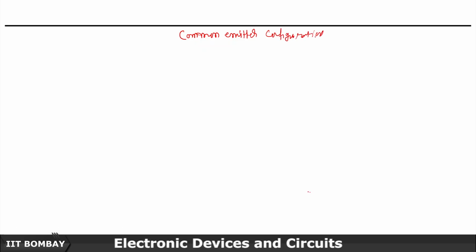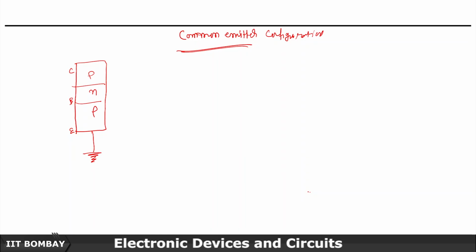Now I will discuss the common emitter configuration. The reason to study this is that common emitter is more useful than common base. Most of the time it's the common emitter configuration that is used heavily in transistors. Let's say this is my PNP. This is the emitter, which is common, this is the base and this is my collector.